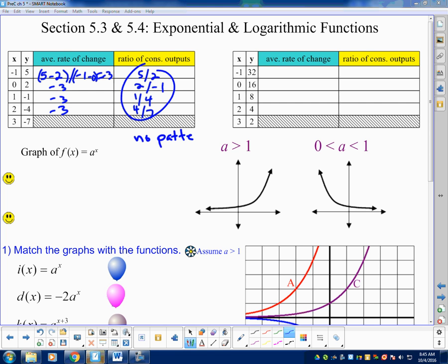Do you guys remember studying arithmetic and geometric sequences last year? Okay. So arithmetic sequences have a common difference, is what we call that. From 5 to 2, there's a difference of 3. From 2 to -1, a difference of 3. From -1 to -4, a difference of 3.